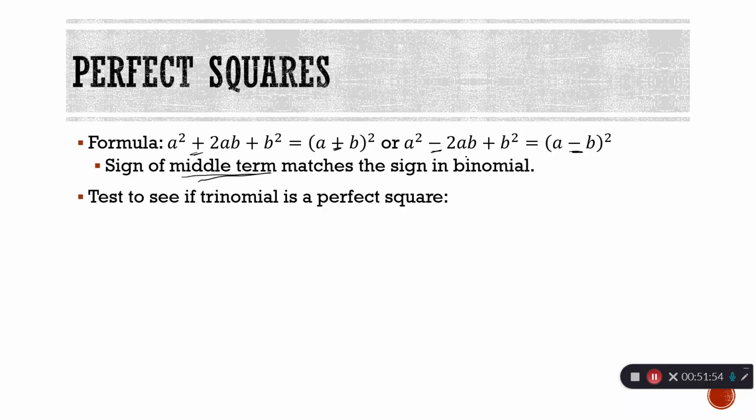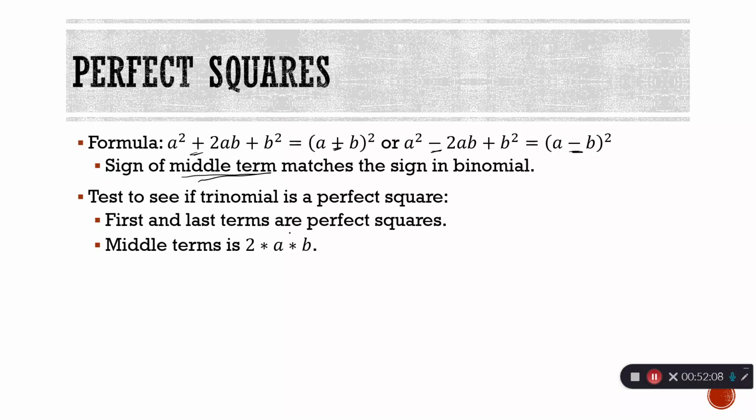You have to do a test, though, to see if a trinomial is a perfect square. First and last terms have to be a perfect square. As you see here, perfect square, perfect square. Middle terms have to be 2 times a times b.